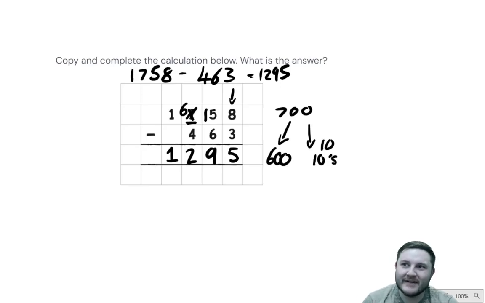The other version of exchanging for column addition is when you add the values up and it's greater than 10, so you have to write a 1 or a 2 in the next column. That is exchanging, but the other way, this is exchanging backwards. So it's quite an interesting idea, but possibly a term that you might have not heard of.